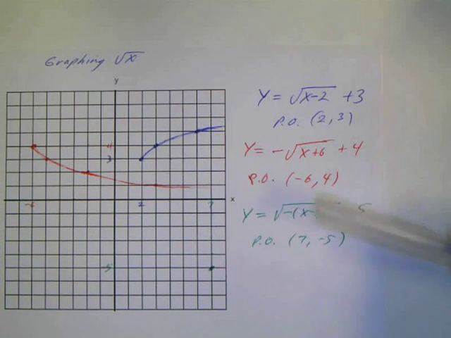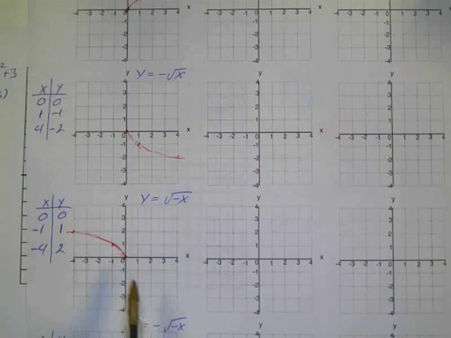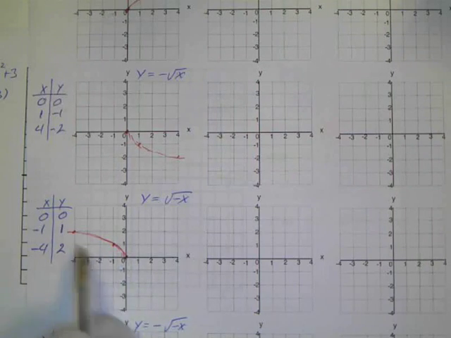Now, if we cover these again, this looks like the square root of negative x. And remember that one when we graph that. Those are these points. So I'm going to the left, so I go negative 1 up 1, negative 4 up 4. Remember, this was symmetrical to the y-axis.